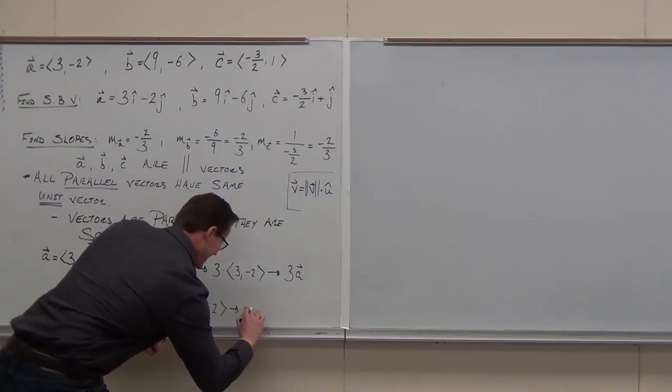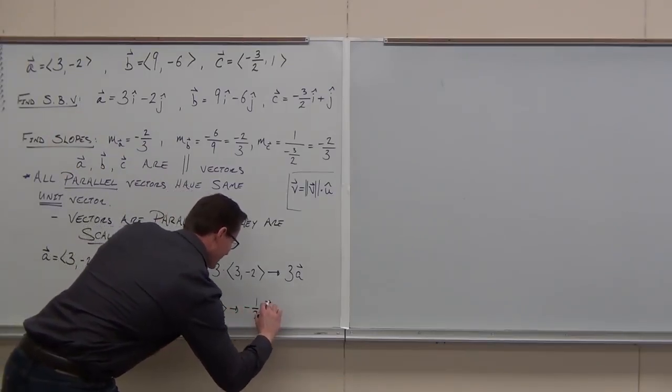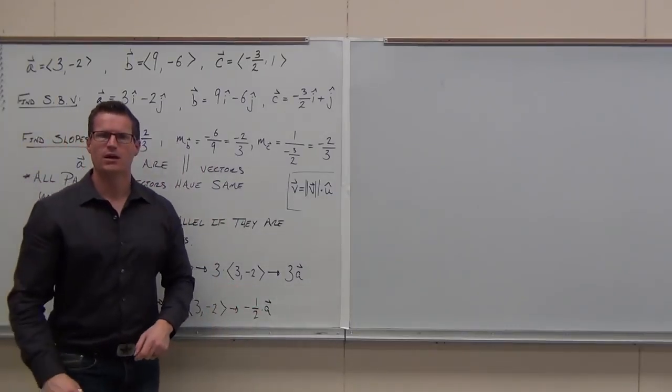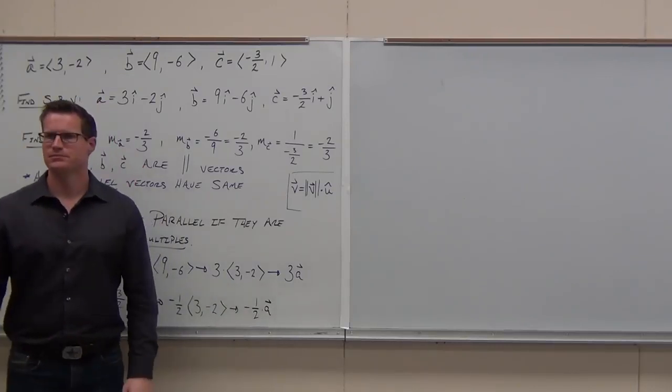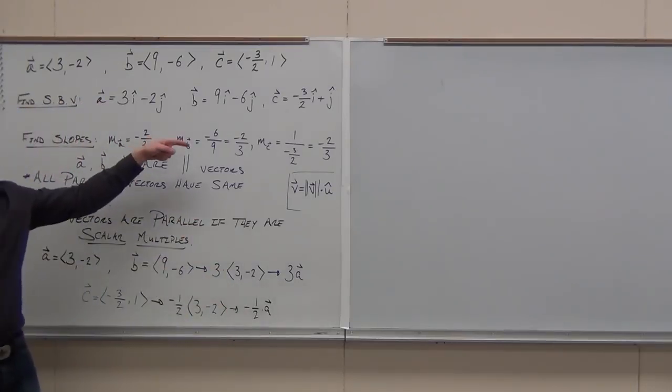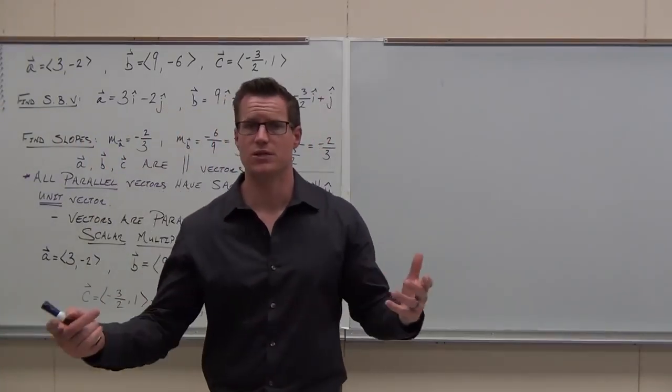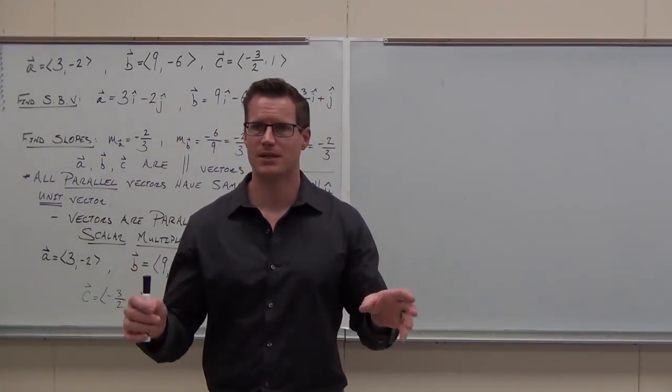Oh, I love it when this happens. That's A again. That's just negative 1/2 times the vector A. True or false? It's parallel. We already knew from here, but that's a different way that you can look at it, and it's much more useful when you get 2 vectors in 3D. Have I made it make sense?